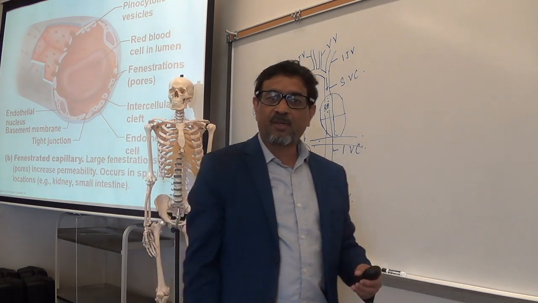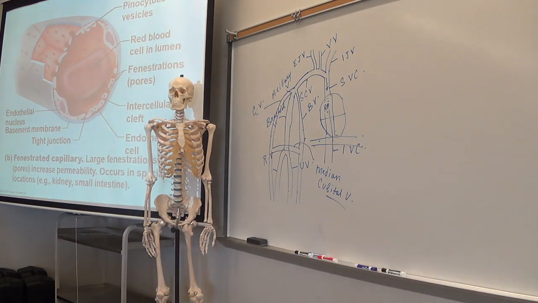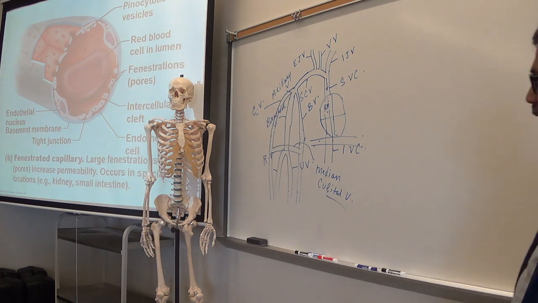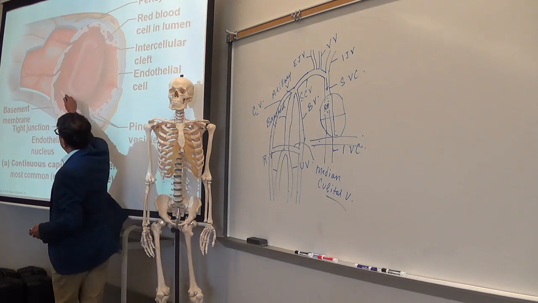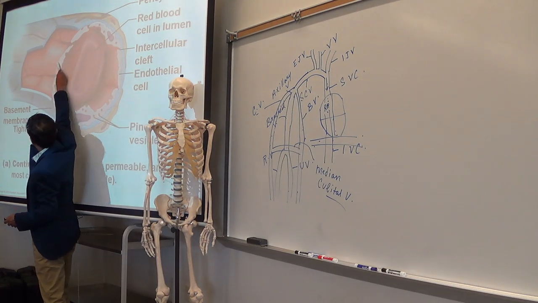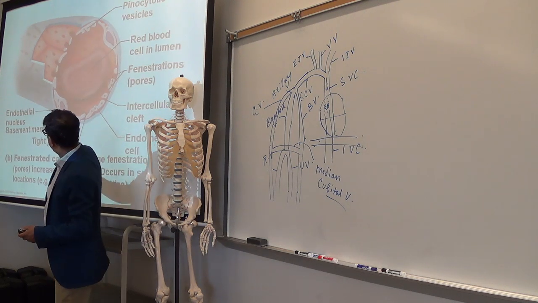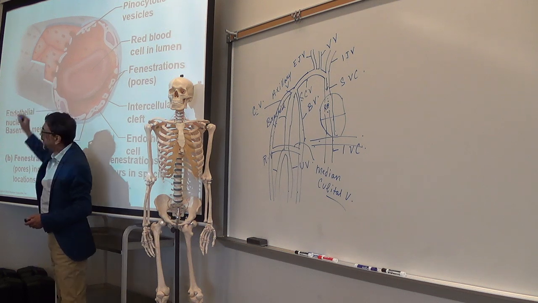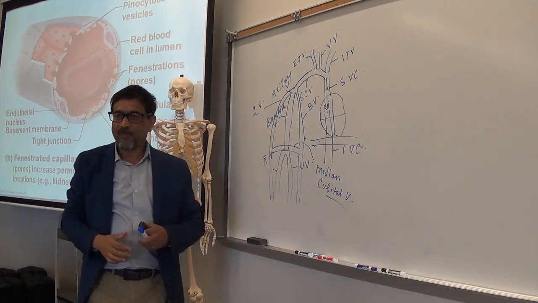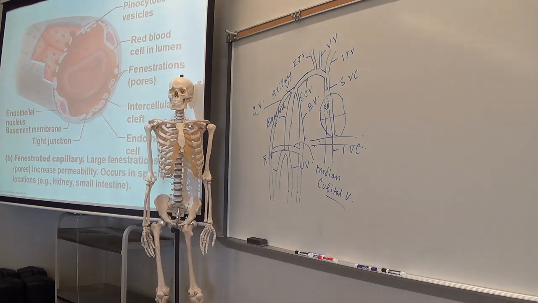These pores are not seen in the continuous capillary wall. In the continuous capillary, you have intercellular clefts, but you do not see the pores. Here, no pore. Here, you have intercellular clefts in between the cells as well as many pores. So this is more permeable than the continuous capillary.